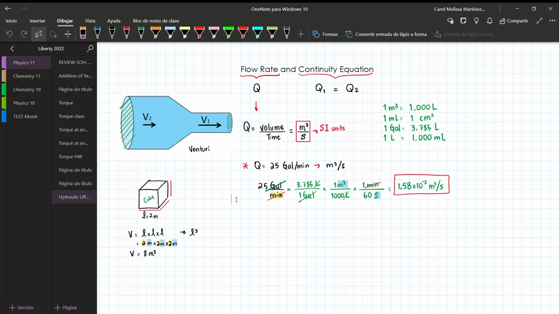Now, what is the continuity equation? The continuity equation says the flow rate in the small area equals the flow rate in the large area, okay?